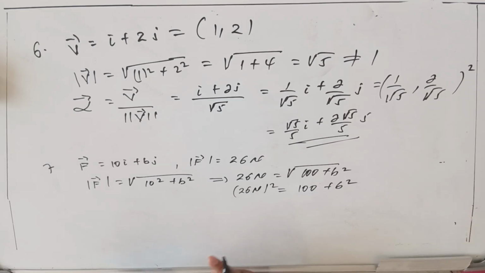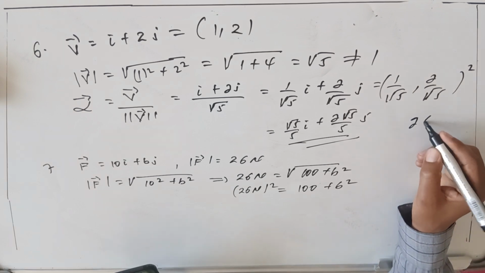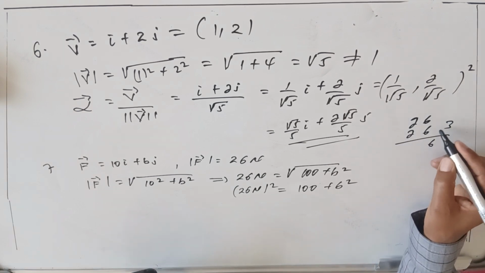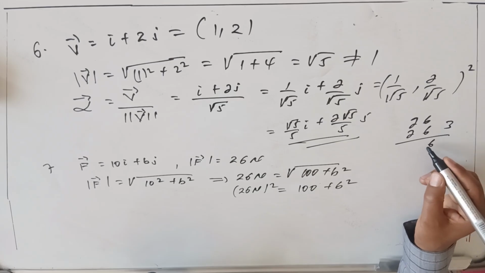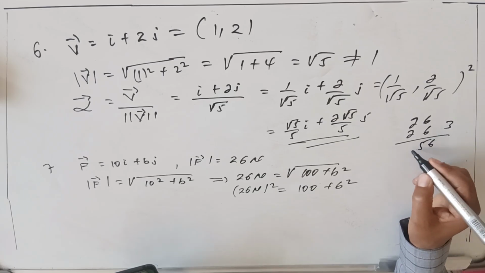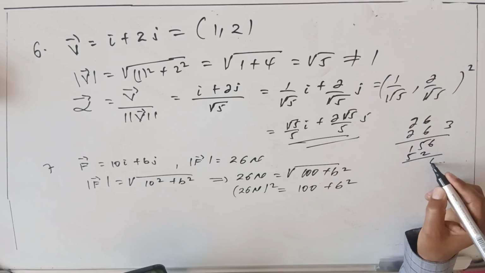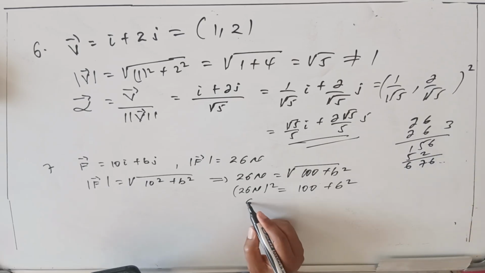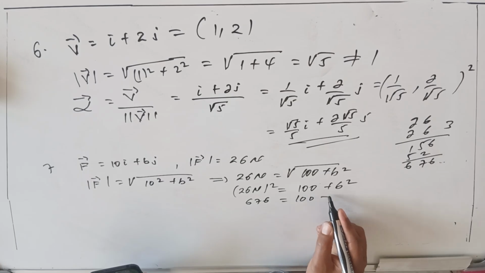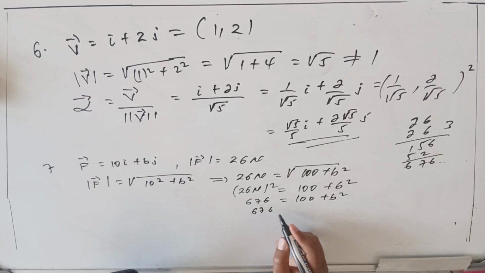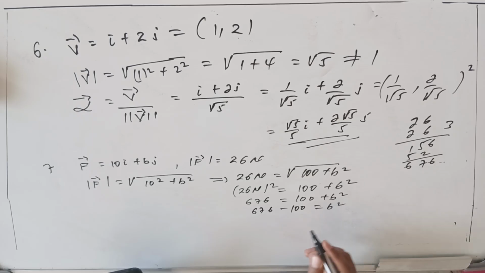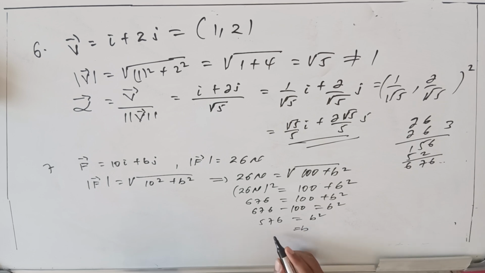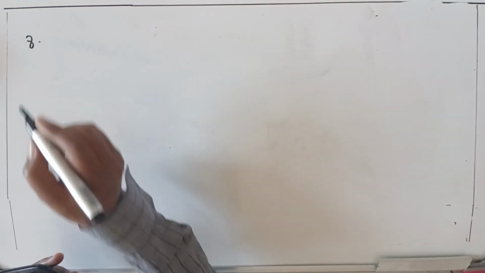From this, 26 square is 26 times 26, that is 676. So 676 is equal to 100 plus b square. 676 minus 100 is 576, which is equal to b square. That is b is equal to 24.